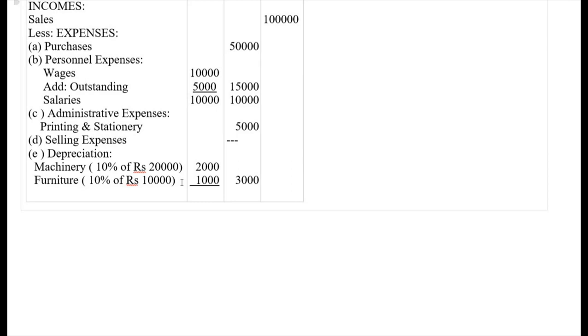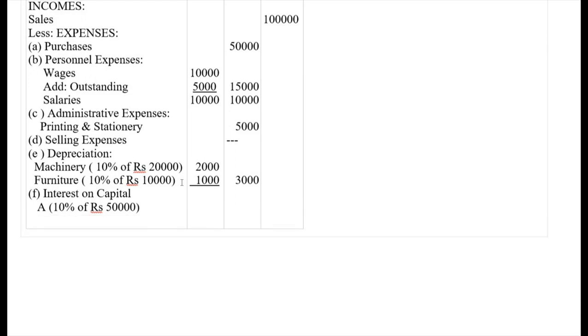Next, F, interest on capital. Either it may be interest on capital or on loans. So A, it is 10% of capital balance, which is rupees 50,000.